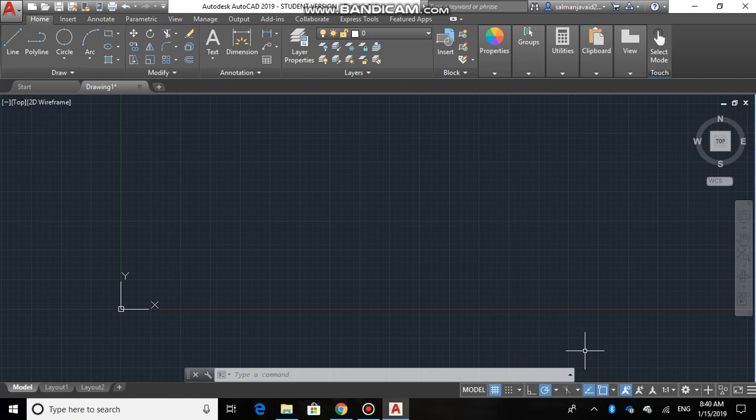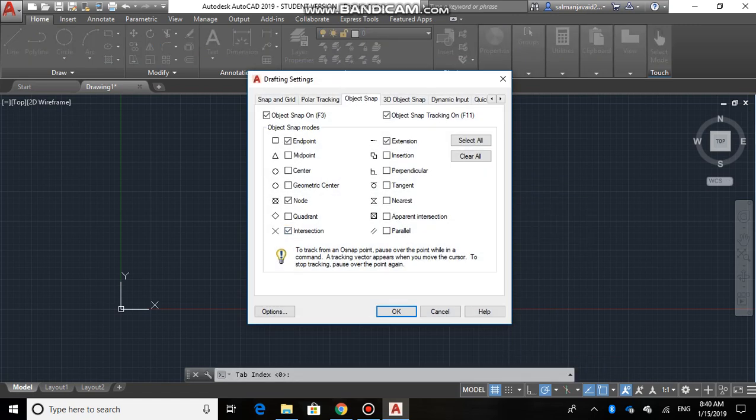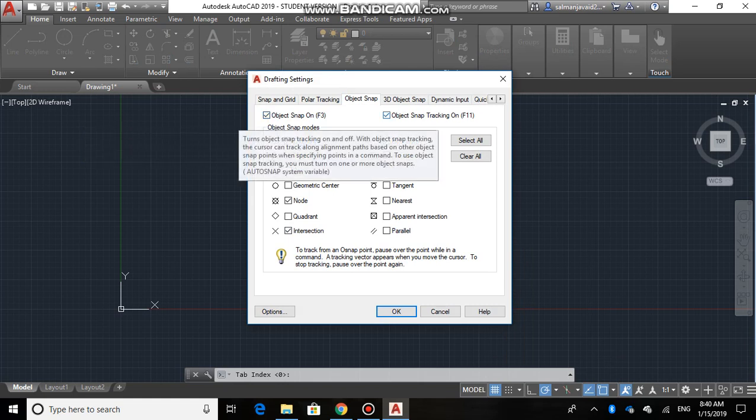The next thing is known as object snap. Object snap can be turned on by pressing F3, and the tracking can be turned on by pressing F11.